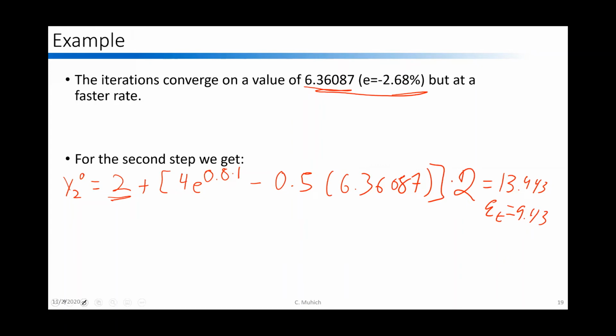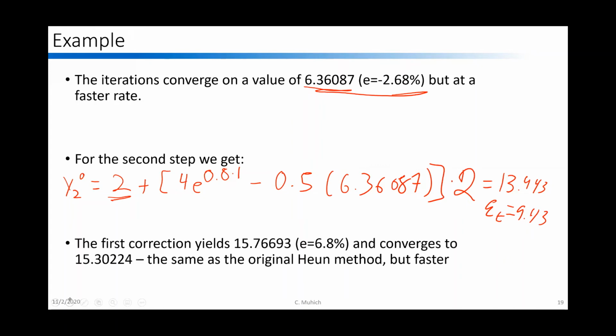Okay, so we can once again use this prediction to do a correction term, and we're going to eventually converge to 15.30224, which is going to be the same as the original Heun's method, but we get there faster, right?